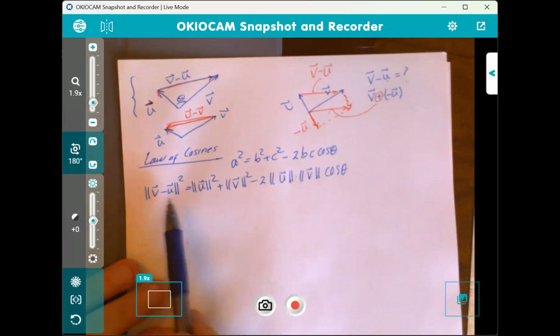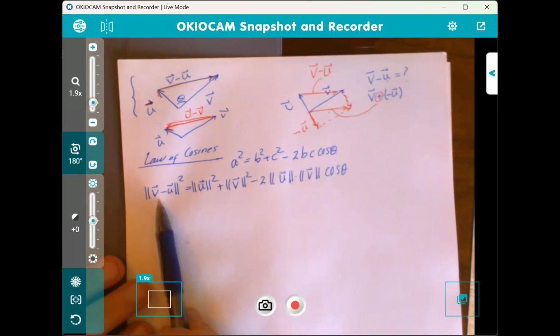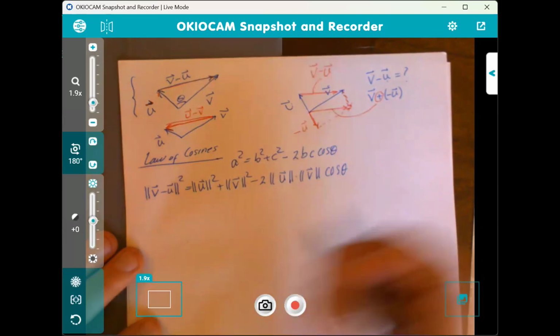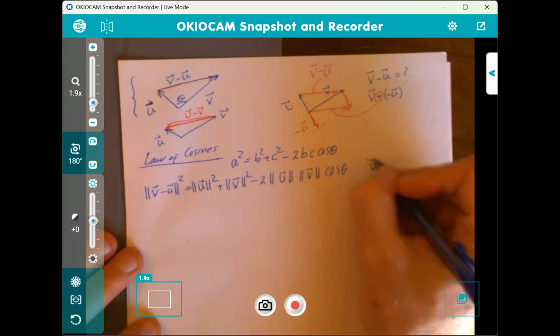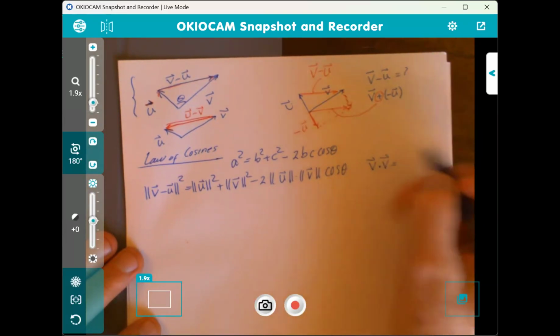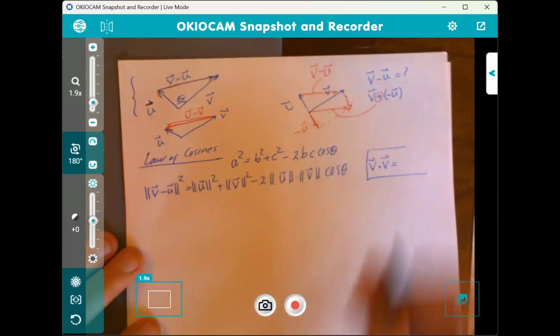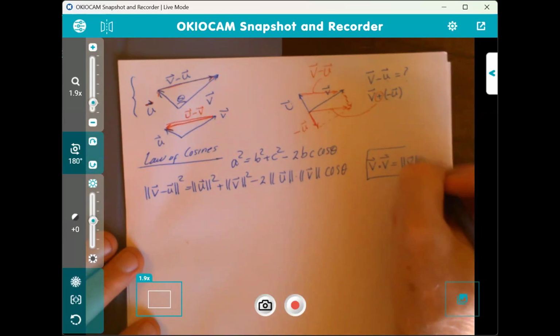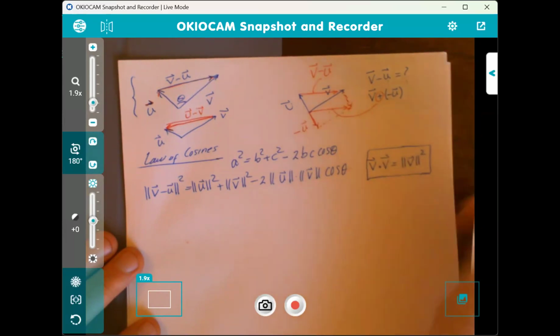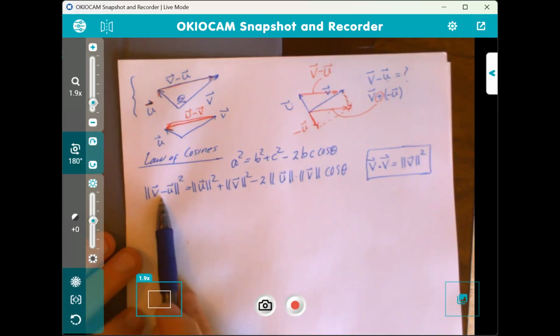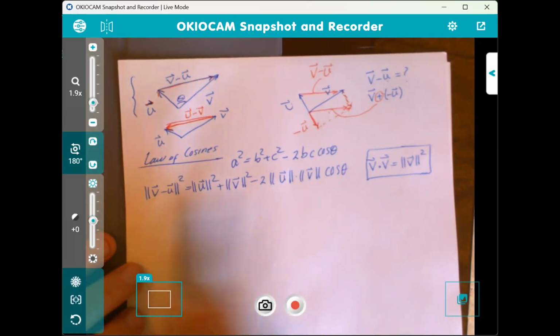Okay. Now, the left side. Remember we had a property of the dot product: v dotted with v gives you the magnitude of the vector squared. Well, on the left side, I have the magnitude of the vector squared.